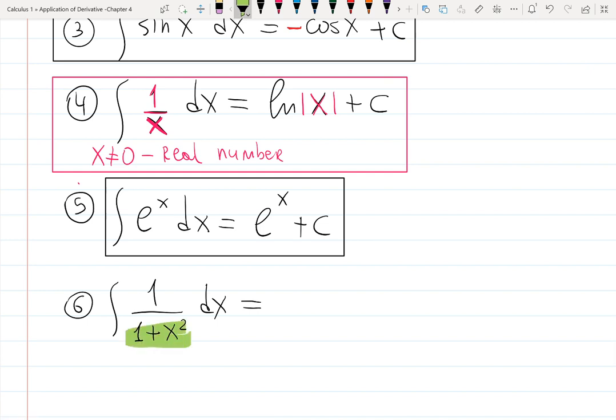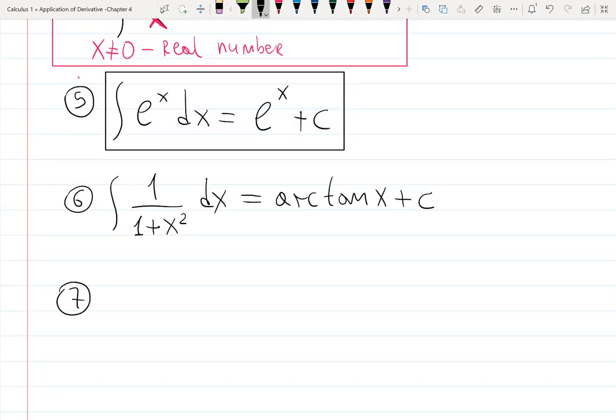You saw this function before when you were differentiating something. What is that? Yes, you're right. It is arctangent. Who said arctangent? Good job. Arctangent, or tangent minus 1, x plus c.